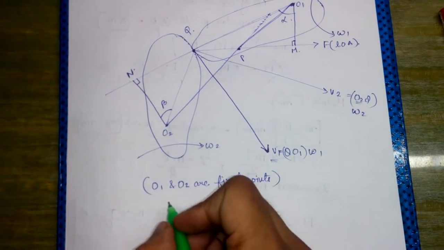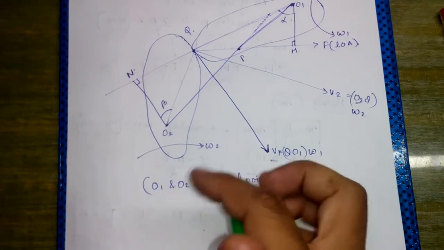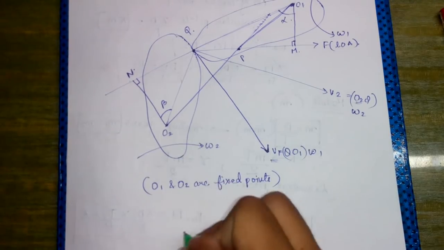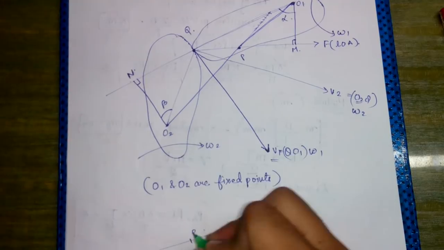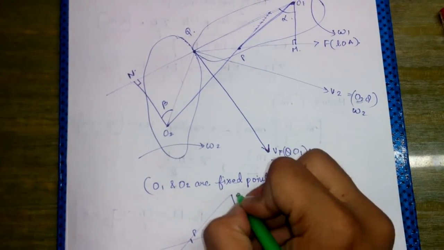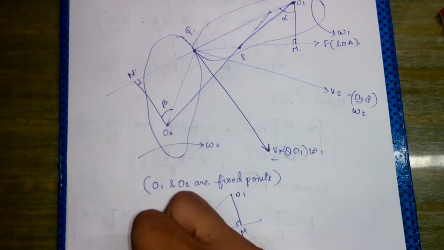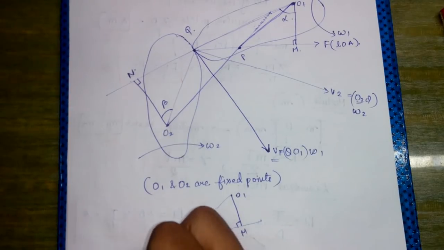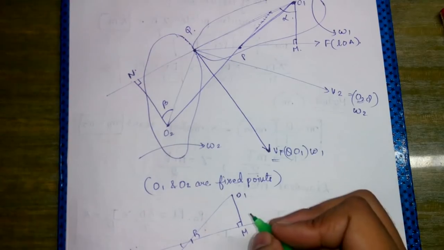So the components of velocity are the same along the line of action. That is, if I draw a diagram, this point P, this is O1M, this is O2N, these two angles would be equal.